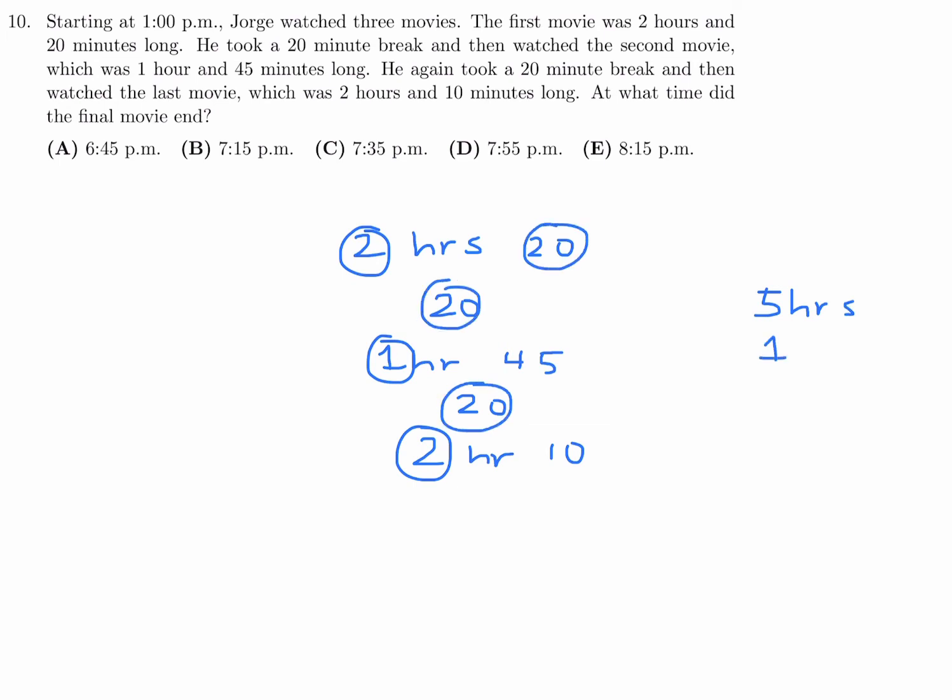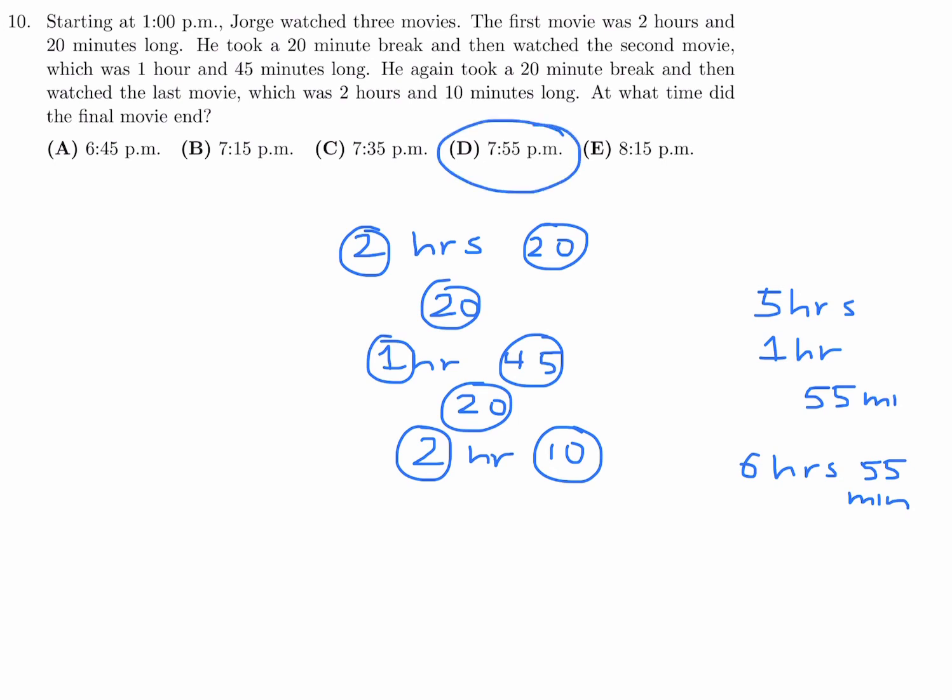That's another 1 hour. And then we have 45 and 10, so another 55 minutes. So that looks like 6 hours and 55 minutes from the starting time, which is 1 p.m. So 1 p.m. plus 6 hours and 55 minutes would bring you to 7:55. So number 10, the answer is D.